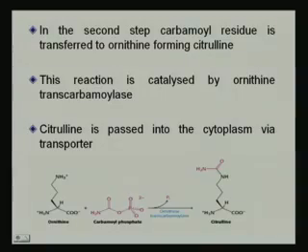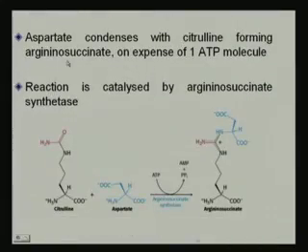Now, in the next step, aspartate condenses with this citrulline forming arginosuccinate.